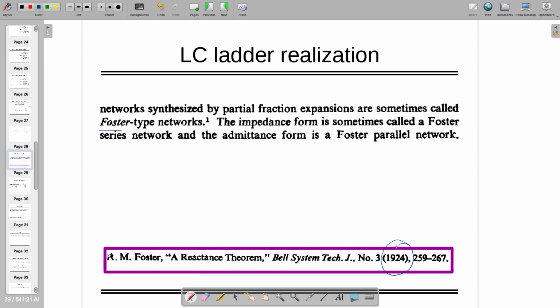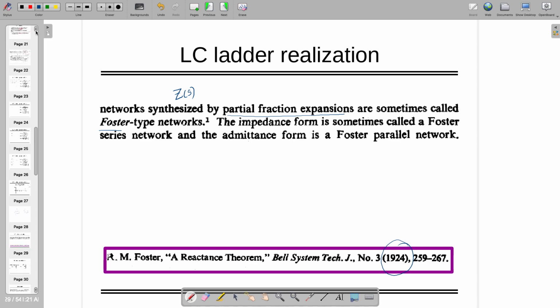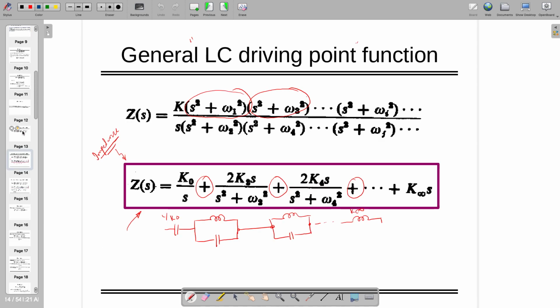He found out that using the partial fraction method, if I am trying to synthesize the impedance, and I get this kind of partial fraction which is equivalent to this transfer function, then that technique is known as the Foster 1 technique.